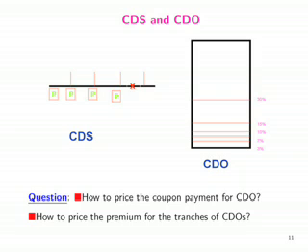You have 125 names for CDX, let's say, collateralized debt obligations, so I need to know the correlation among those. And Ronnie gave a very nice model using a factor model this morning.